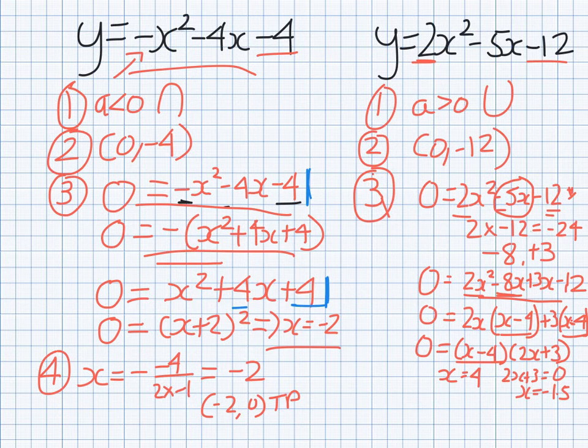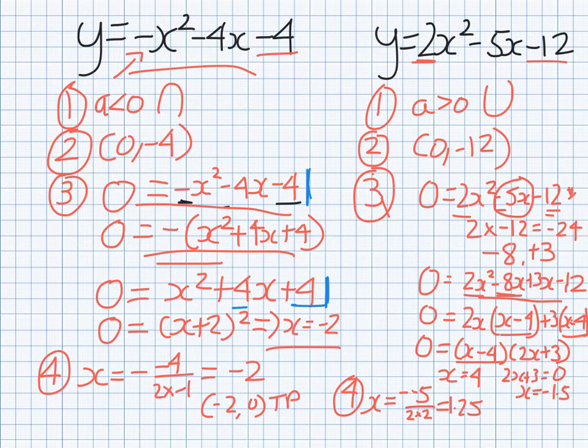Okay, so finally, we look at the turning point and axis of symmetry. x equals minus b over 2a. This time a is 2, and you get positive 1.25. So x equals 1.25 is the equation of the axis of symmetry.